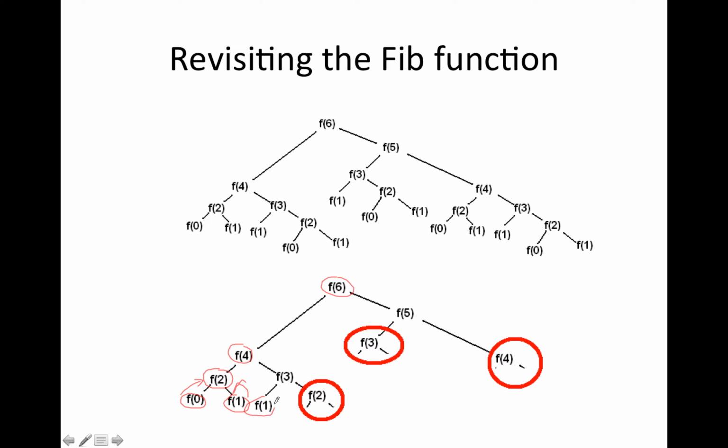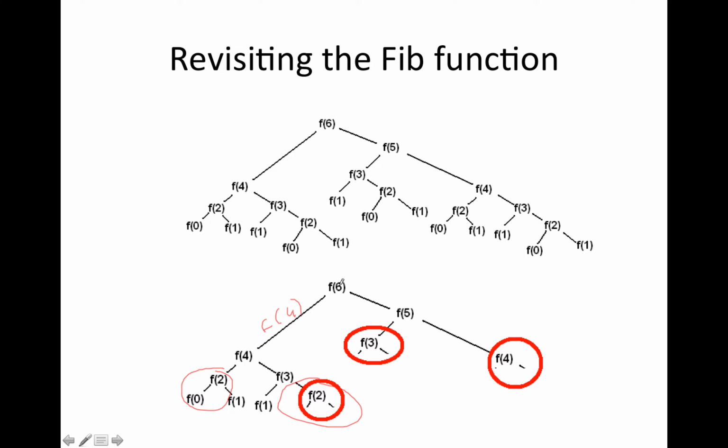This is a base case, so there's nothing much to do about it. It gets back. Now when we try to calculate f of 2, instead of again calculating f of 0 and f of 1, we just reuse the value that we calculated here. So when we try to calculate f of 2, we reuse this value here, right?